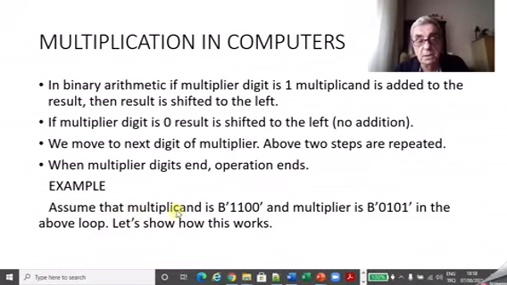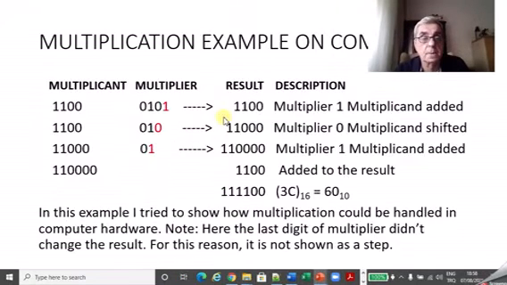For example, assume that the multiplicand is 12 in binary form and the multiplier is 5 in the above loop. Let's show how this works. Here we have the multiplicand 12 and the multiplier.